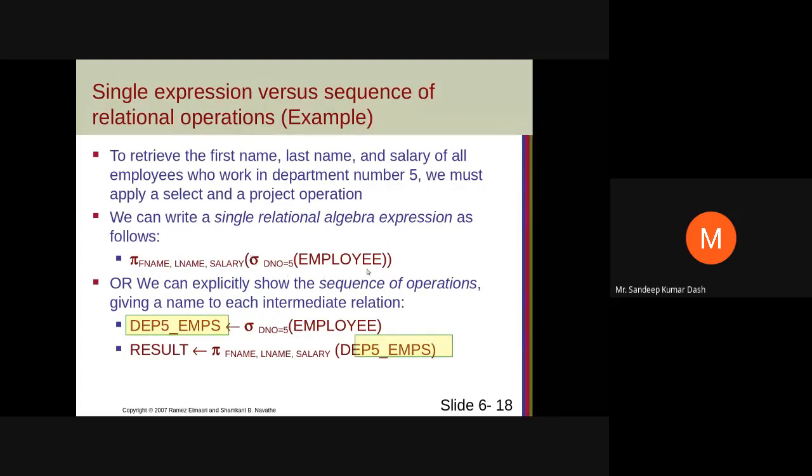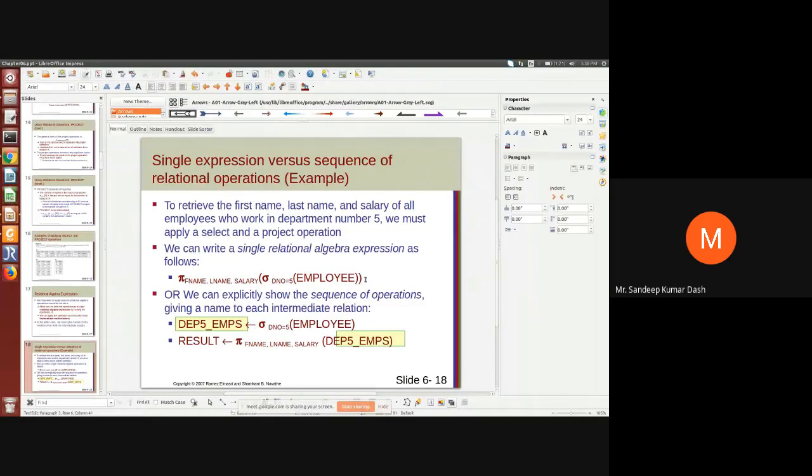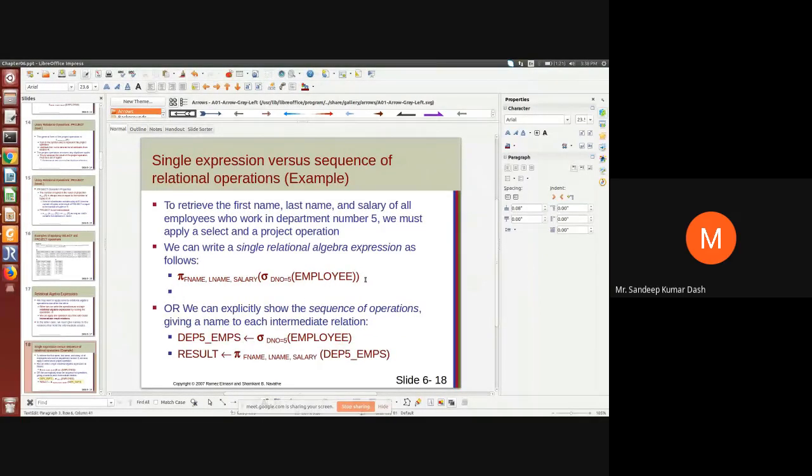First one is to select the rows from the employee table. Then take out their columns. So if this should have been written in terms of an SQL query, how would it be written?